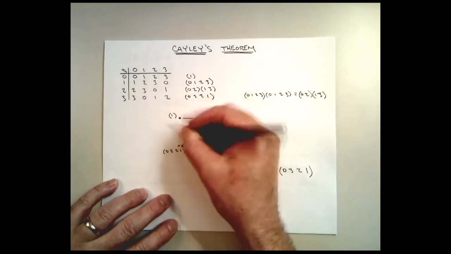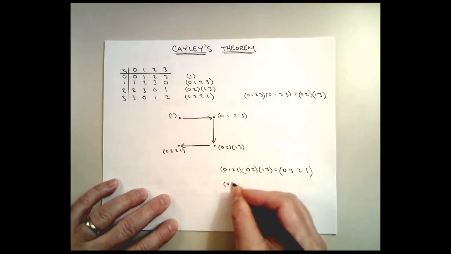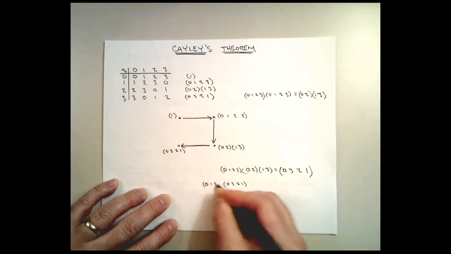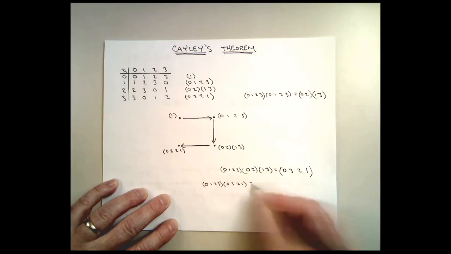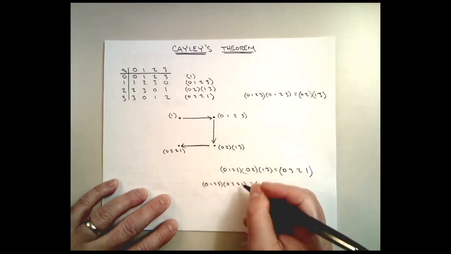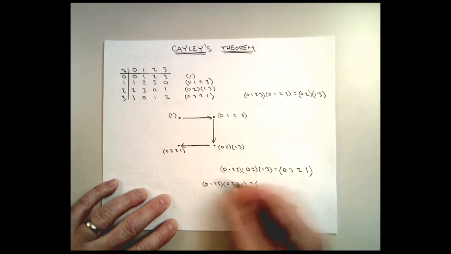And then finally, if we follow (0 3 2 1) with (0 1 2 3), what we get is, let's see, 0 goes to 3 and then to 0. So 0 goes to 0, 1 goes to 1, 2 goes to 2, 3 goes to 3.